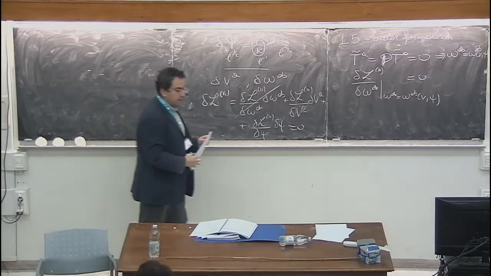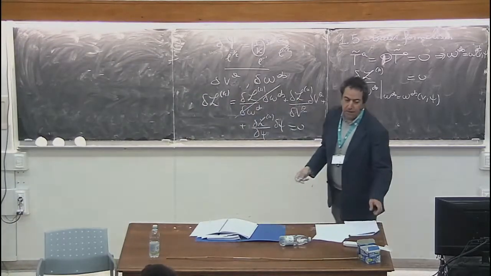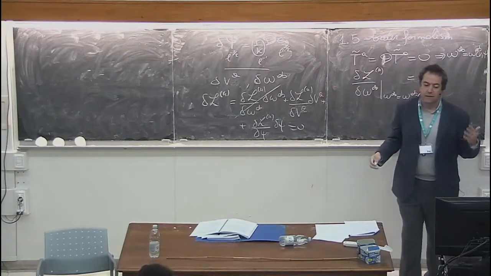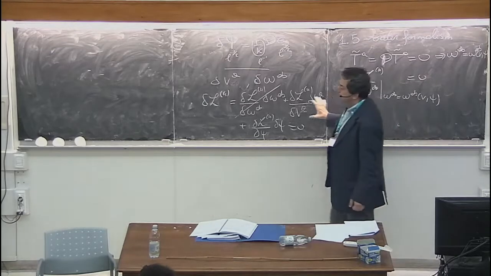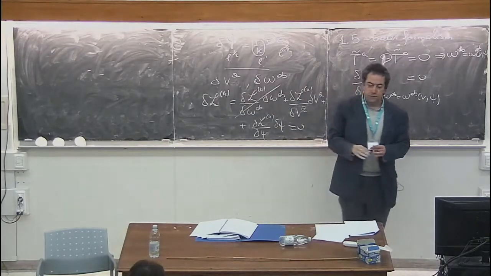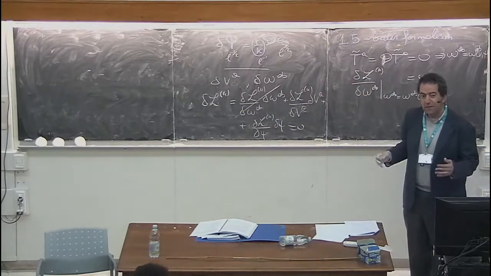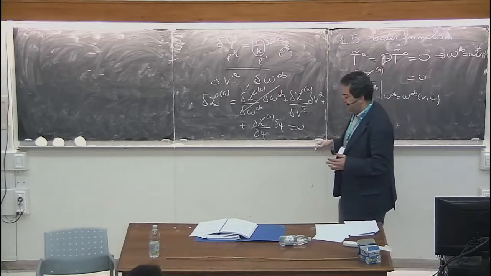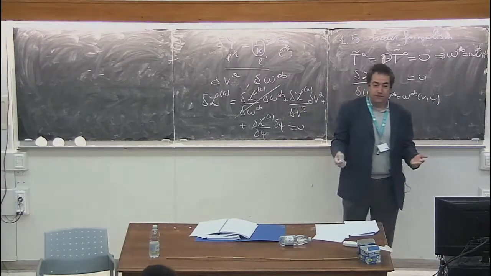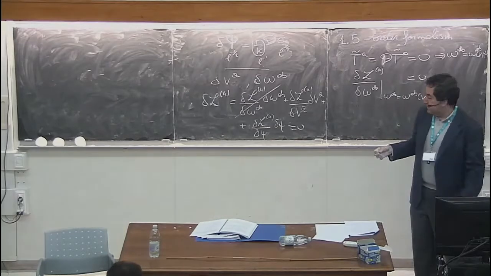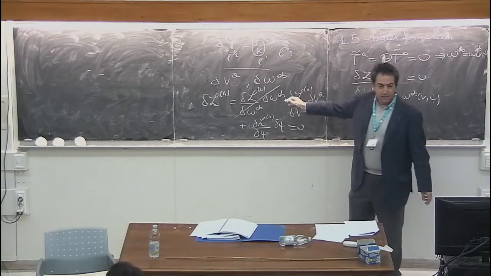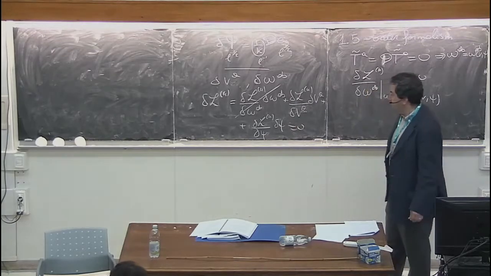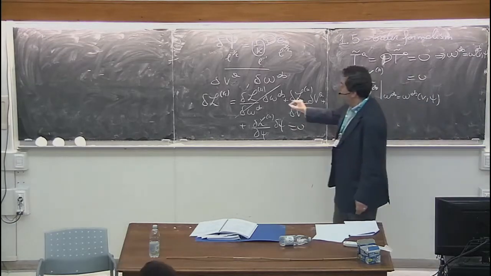Originally, in the first work by Van Nieuwenhuizen, Freedman, and Ferrara, the check of the supersymmetry of the Lagrangian of pure supergravity, the one in 1976, was done in the first order formalism. So they worked with omega AB and VA, and worked out the variation of the action with respect to all the fields.